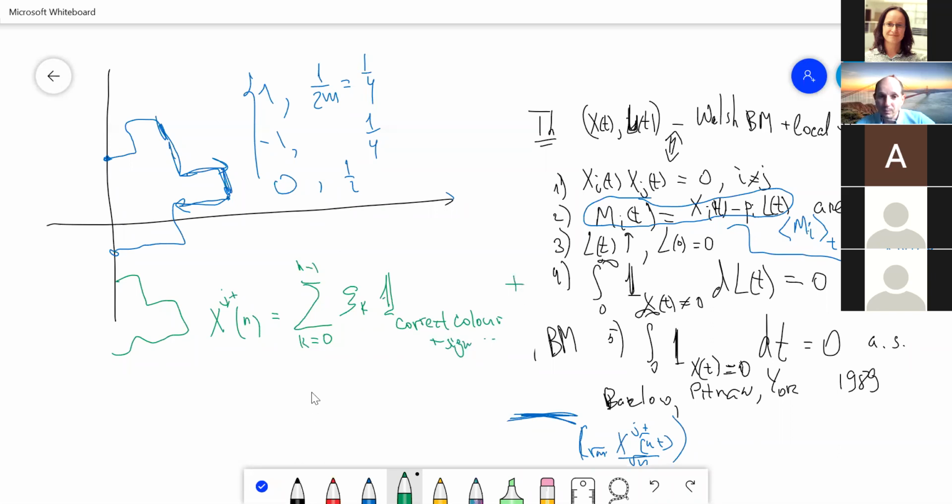Plus, look, if you are here, then you add xi_k, but the first jump may have a different distribution. So the jump from 0 is different. Plus some jumps from 0.